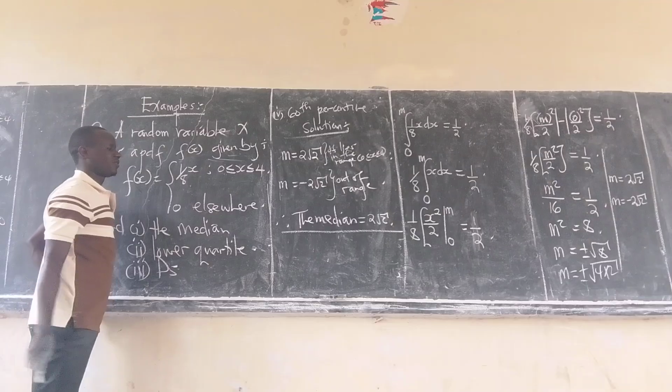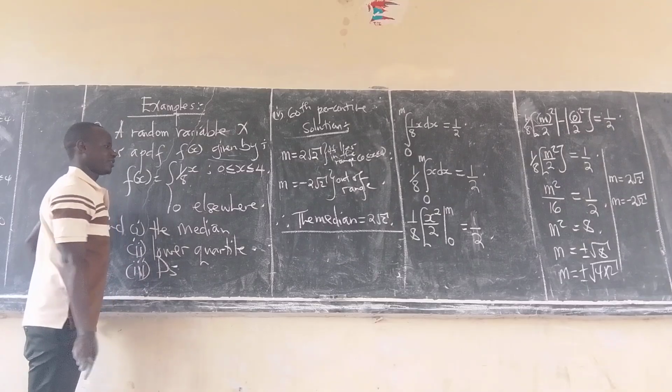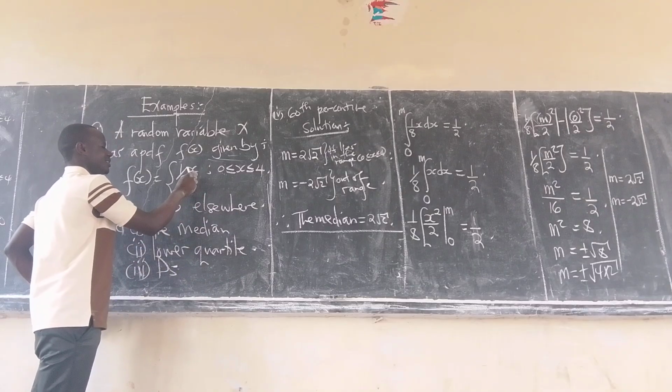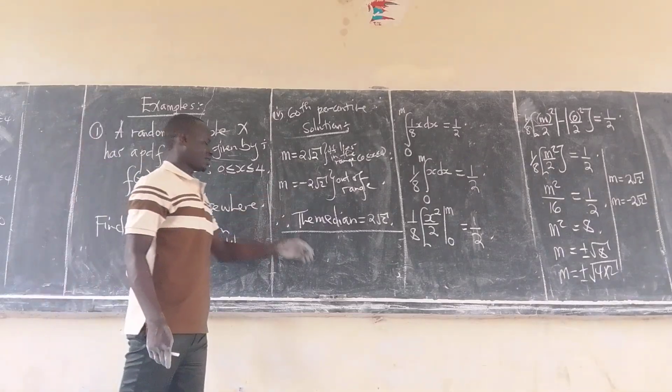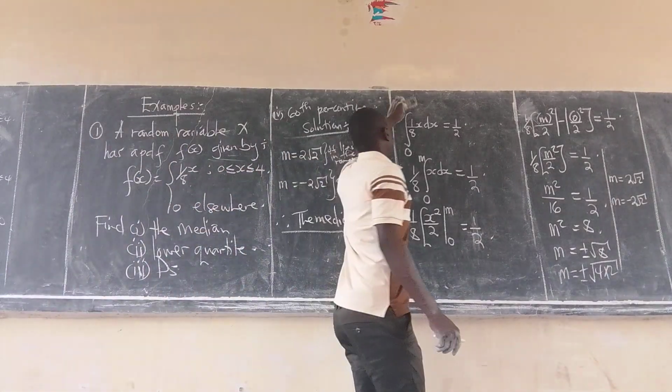The other second value of m is outside the range. Therefore, it cannot be the median of this PDF, because it is not defined for the negative part.